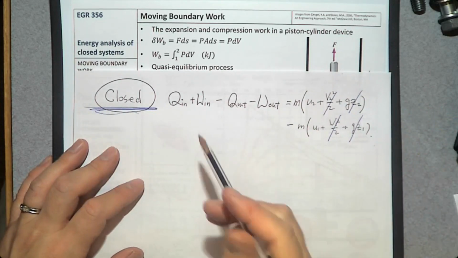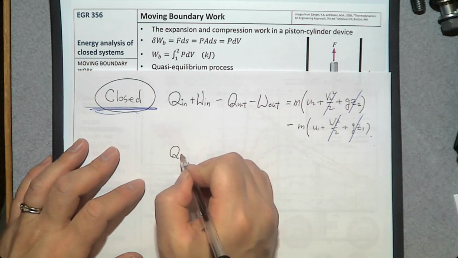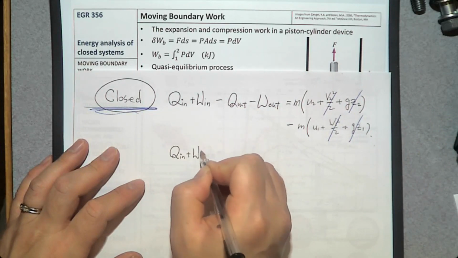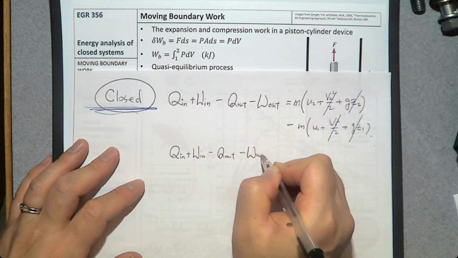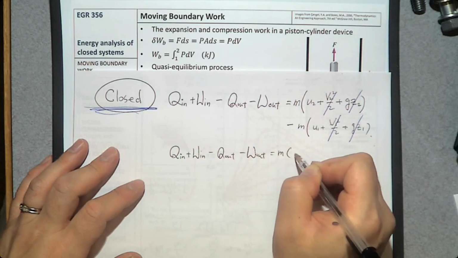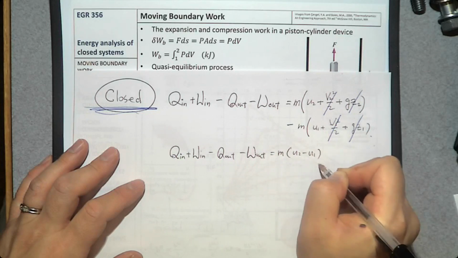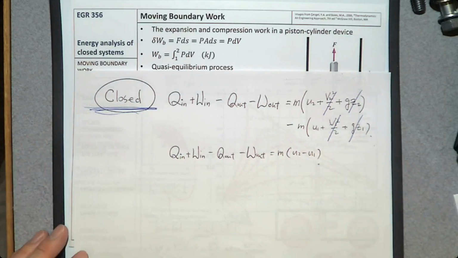So the general energy balance equation is going to be Q in plus W in minus Q out minus W out is going to be mass times U2 minus U1, the difference in the specific internal energy. So this is the general energy balance equation.